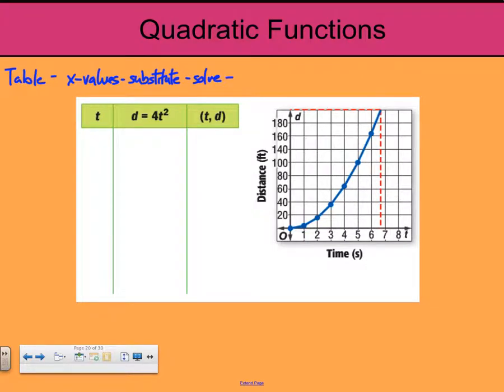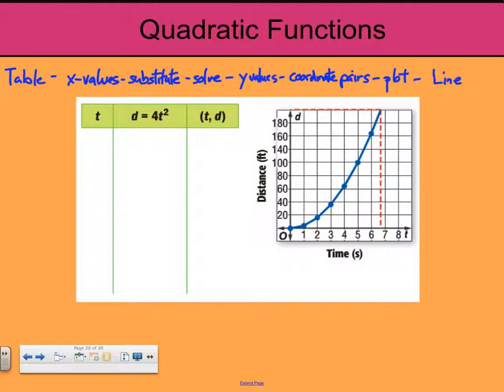Once we solve, we have our y values. Once we have our y values, we have our coordinate pairs. Once we have our pairs, we plot the points. And then after we plot the points, we can draw a line. So that is the process we are working at.